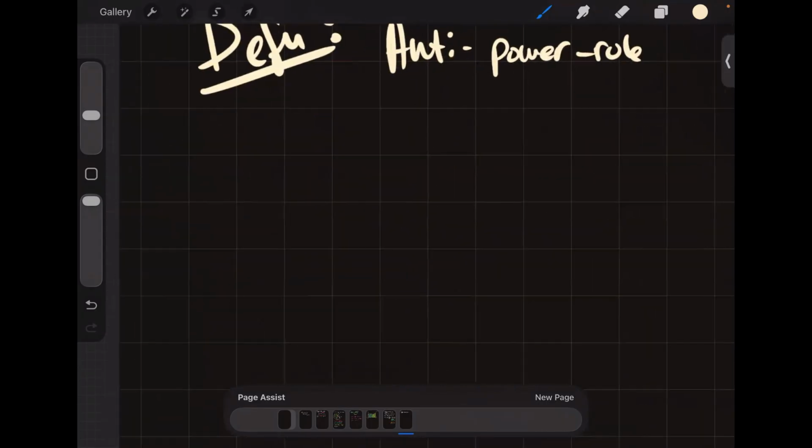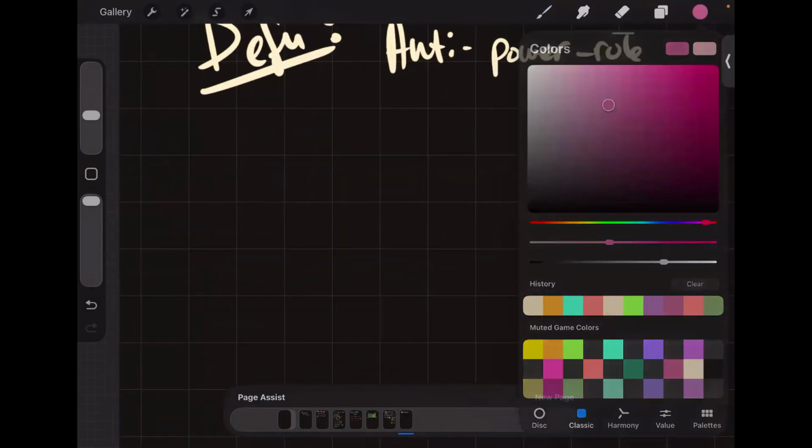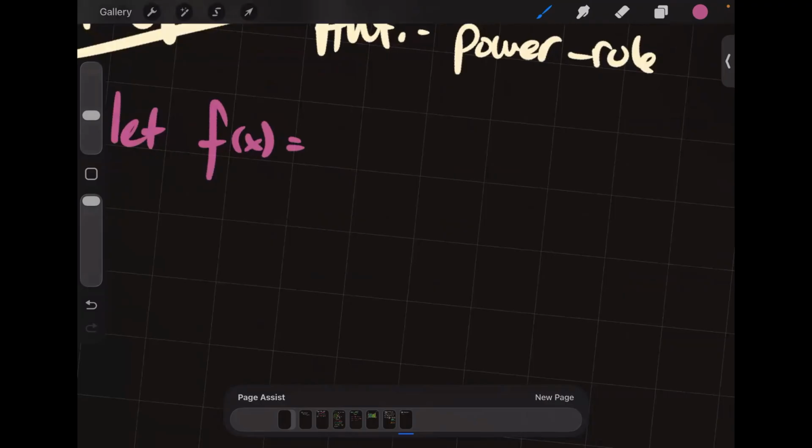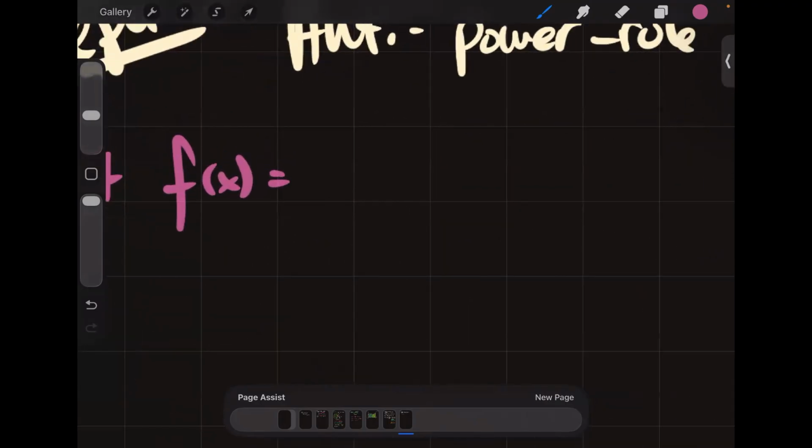Okay? So you could say, let f of x be a function that is of the form K times x to the n, right?